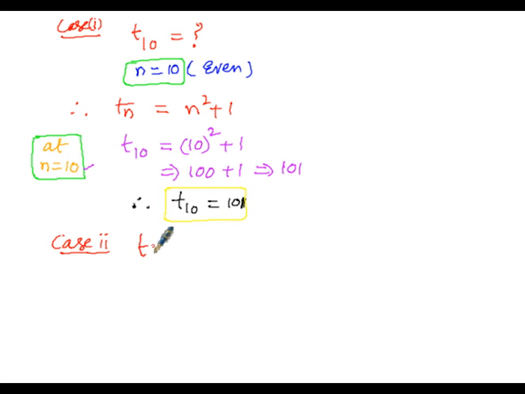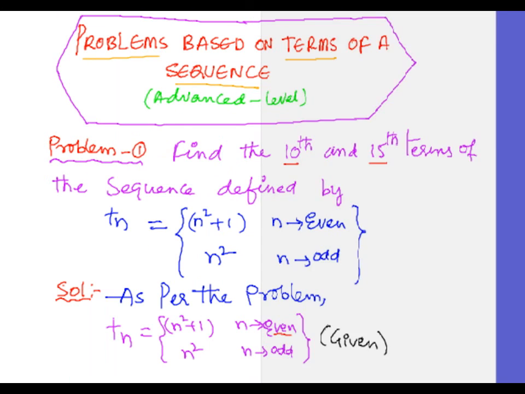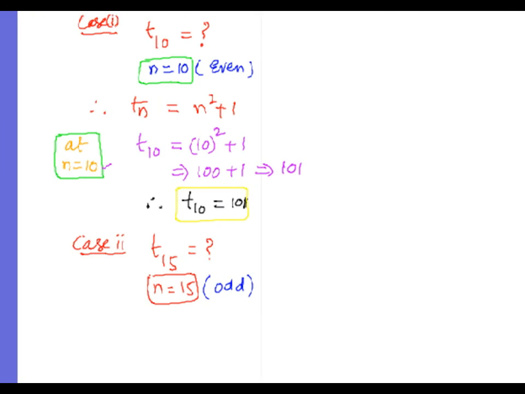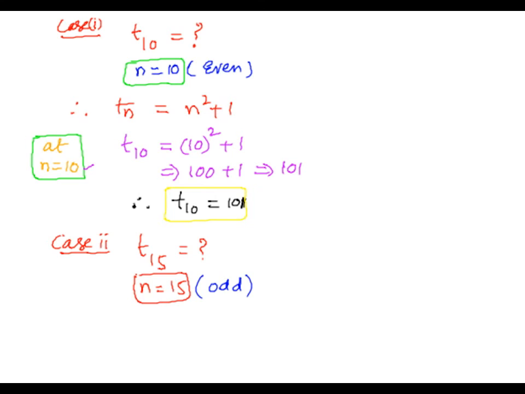So the 15th term is equal to question mark, but here the n value is 15, which is an odd number. Since 15 is an odd number, when n is an odd number we have to write the nth term as n square. So Tn equals n square when n is odd.